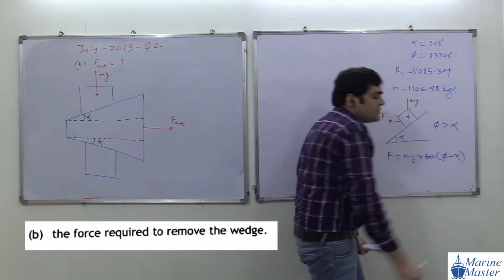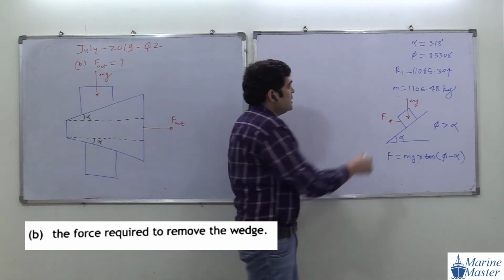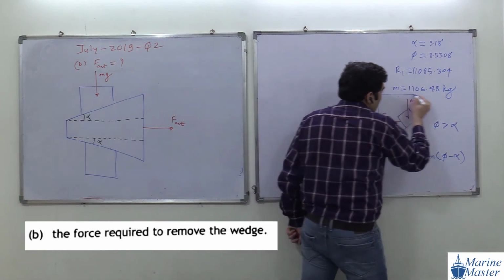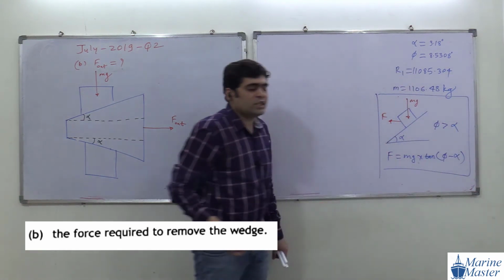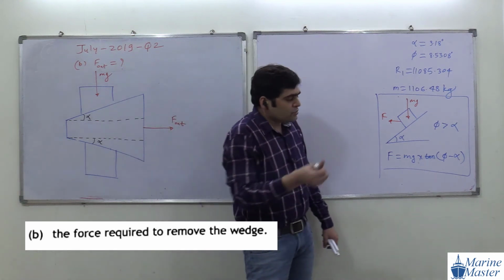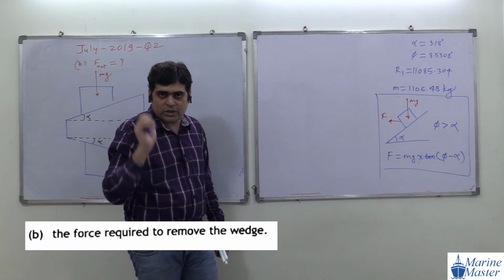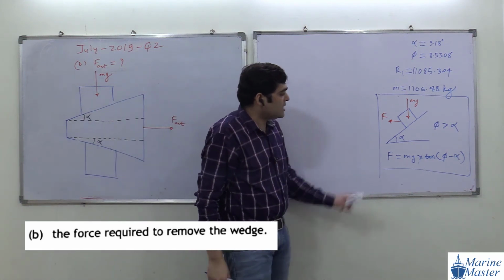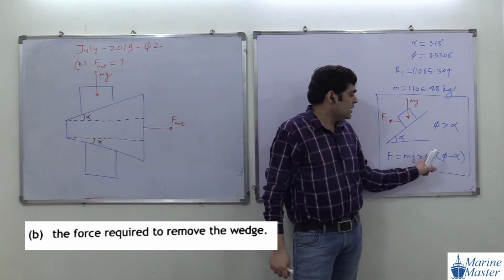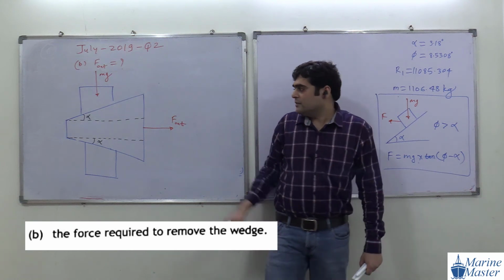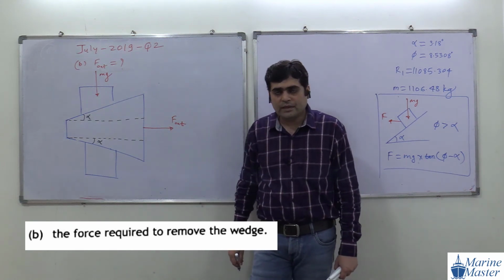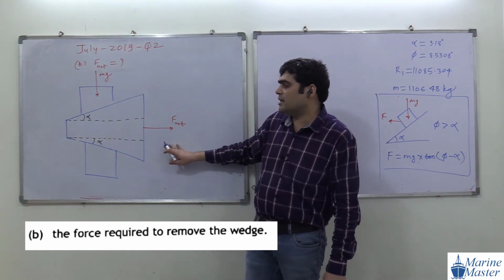This is case number 4 of horizontal force that we have seen. So whenever we want to move the object down the plane, F will be equal to mg tan of phi minus alpha. The same scenario applies here for F out.